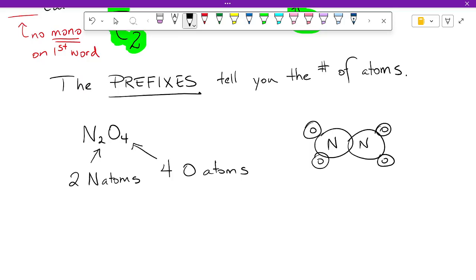So this one, what's our first element's name? That is nitrogen. Do I change the ending of the first word? No, never change the ending of the first word. So nitrogen.